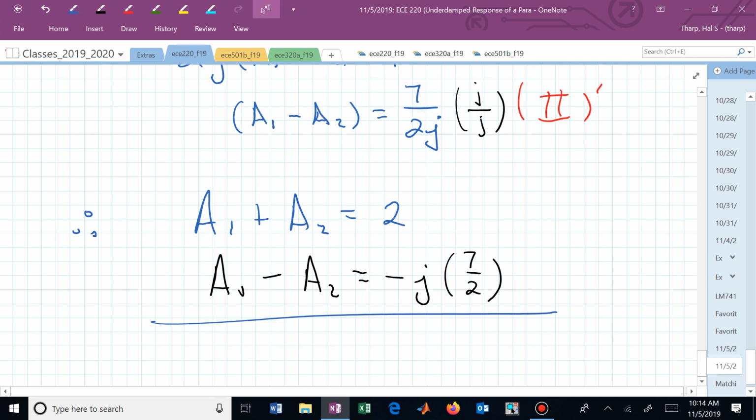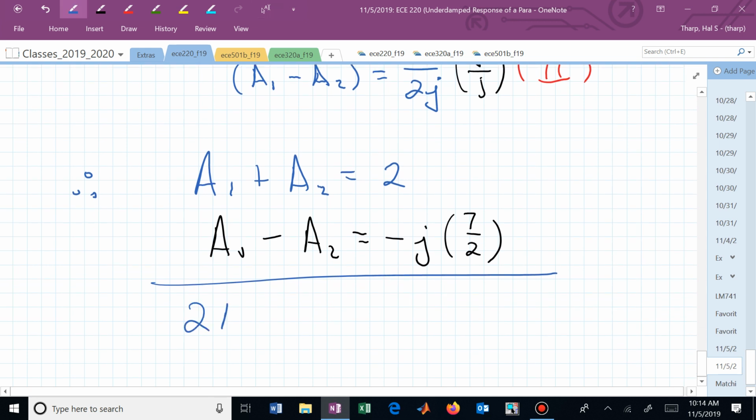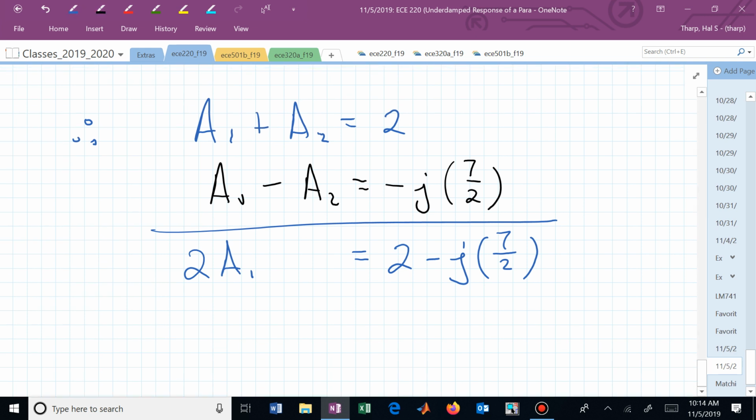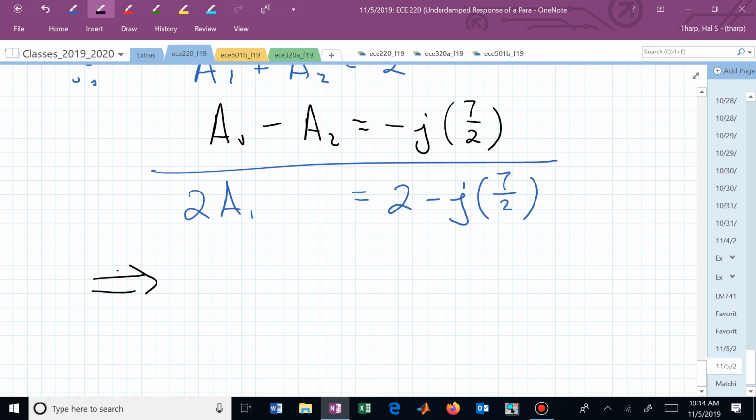If I simply add those, I see that 2A1 is equal to 2 minus j 7/2. Now I have one equation and one unknown. I now know that A1 is 1 minus j 7 over 4.